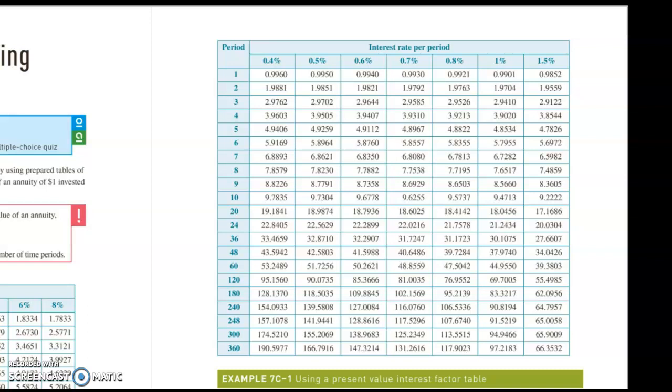And you can see there for this example, because we've got 8.4% per annum, that becomes 0.7%. And the term of the loan is 25 years, so it's going to be 300 payments. So the relevant value in the table for us is going to be 125.2349 down here.